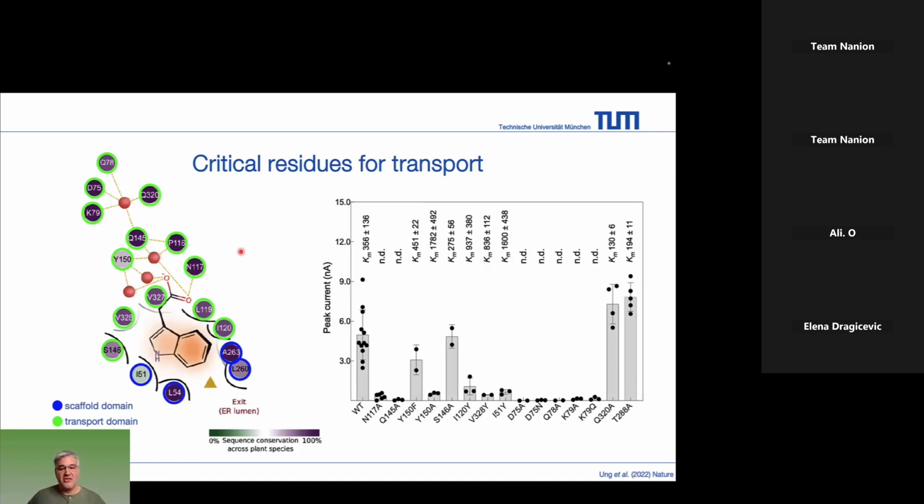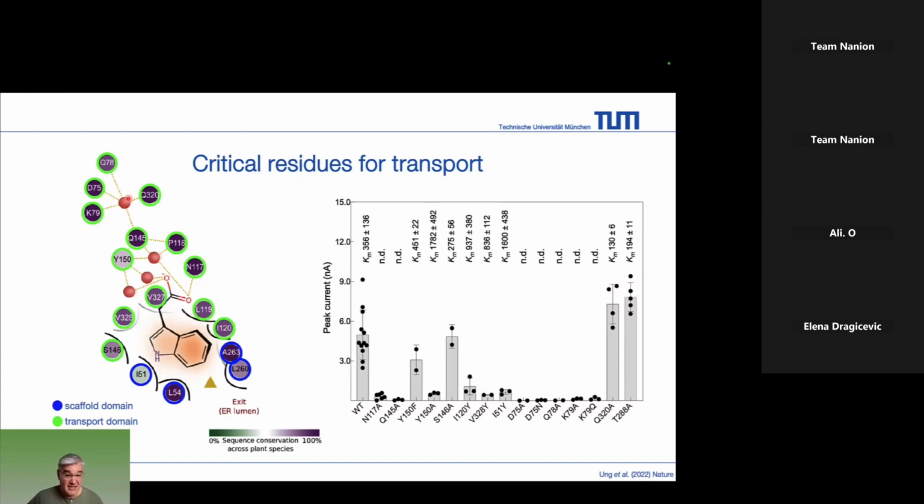Using the structural data that Björn's group determined, we then did point mutants, and we looked at the effect those mutants have on auxin transport mediated by PIN proteins. And what you can see here now is the IAA molecule in the binding pocket. And what we have here on the other side is a pseudo-symmetrical support site. In the sodium-proton exchanger, this is the part where the sodium binds.